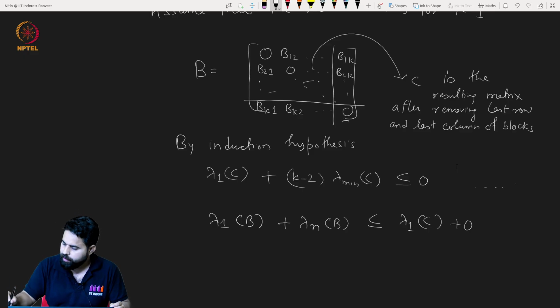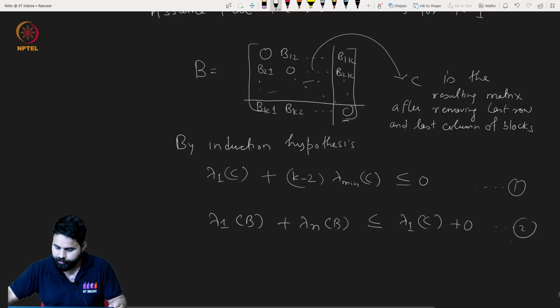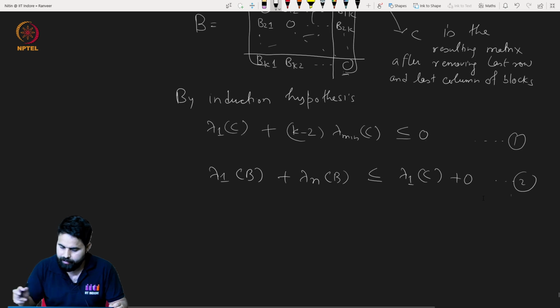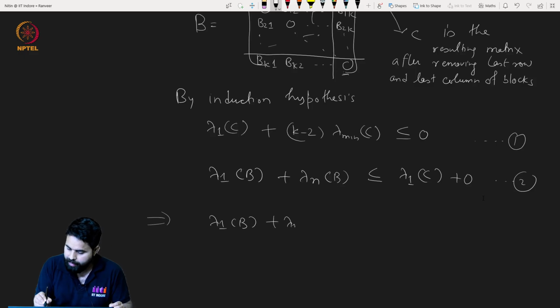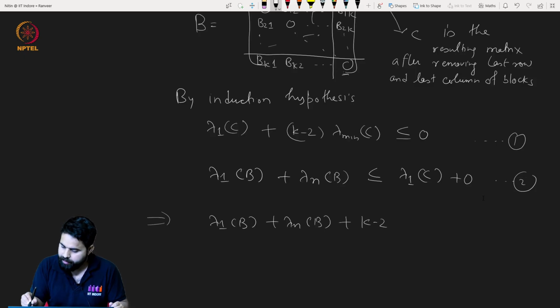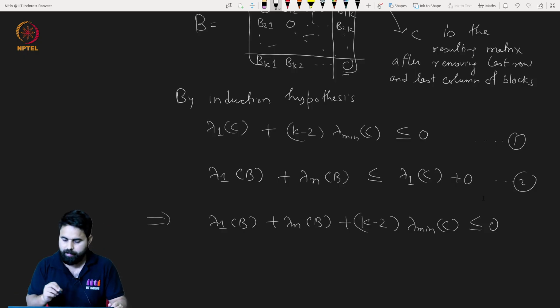Now using these two equations, suppose let me call it 1. We can in fact conclude that lambda 1 of B plus lambda n of B, and then plus k minus 2 times the minimum eigenvalue of C, is less or equal to 0, because lambda 1 of C will cancel with lambda 1 of C here.